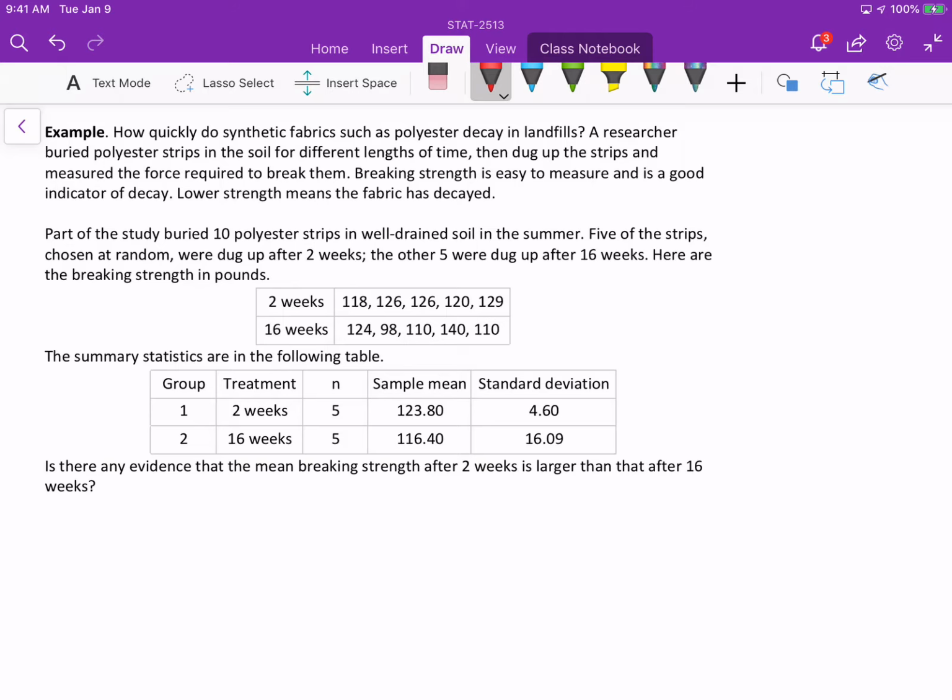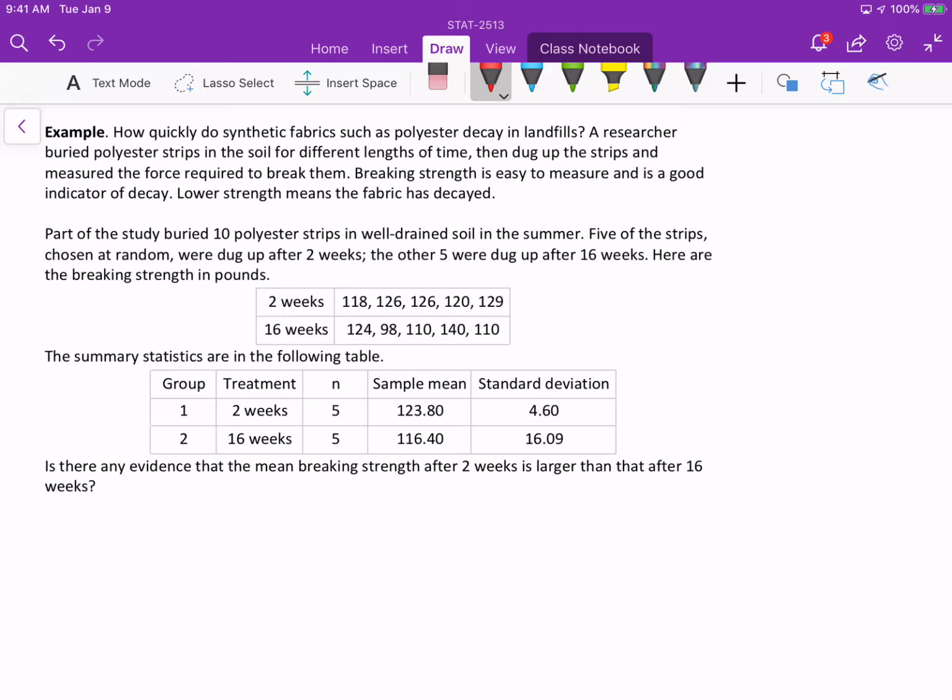Breaking strength is easy to measure and is a good indicator of decay. Lower strength means the fabric has decayed. Part of the study buried 10 polyester strips in well-drained soil in the summer. 5 of the strips, chosen at random, were dug up after 2 weeks, and the other 5 were dug up after 16 weeks.